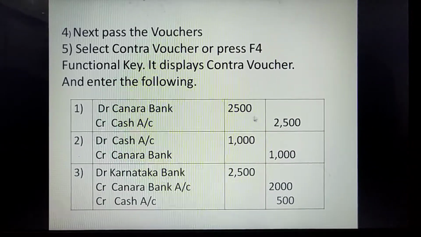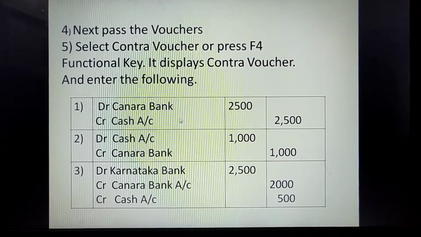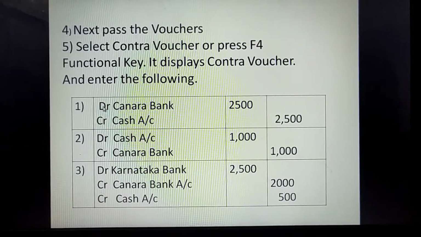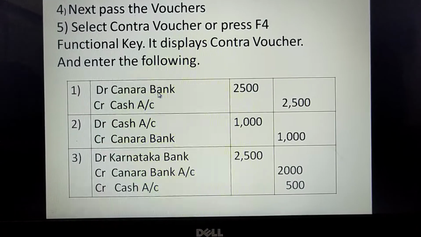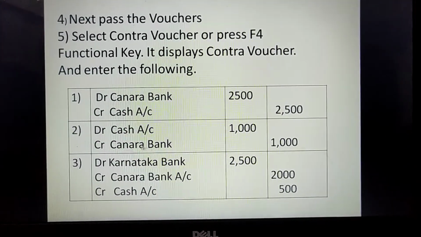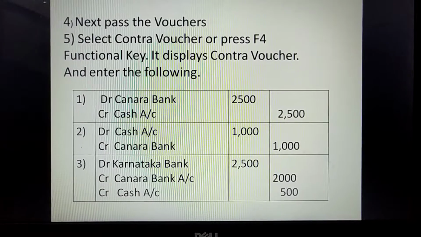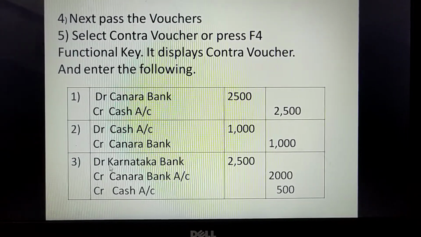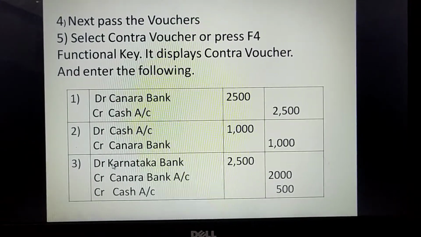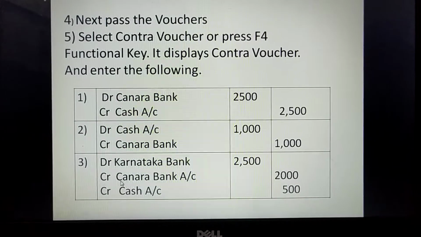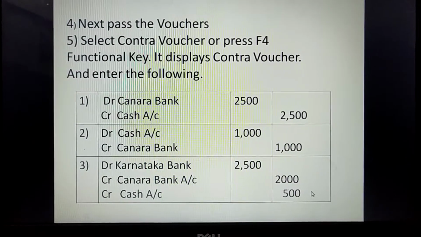You are depositing 2500 in Canara Bank and withdrawing the money from Canara Bank. The rule is when you debit the Canara Bank, here the cash will be credited, and the cash will be debited when you are withdrawing the money. Next, this is transfer of funds. We are transferring the amount from Canara Bank to Karnataka Bank. So Karnataka Bank will be debited and Canara Bank will be credited.